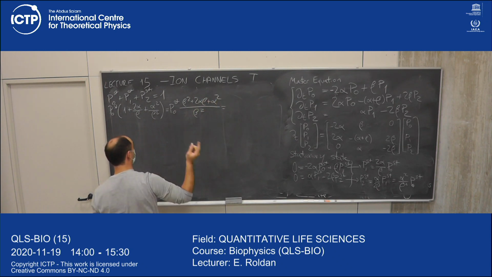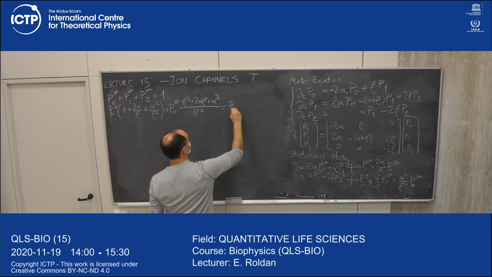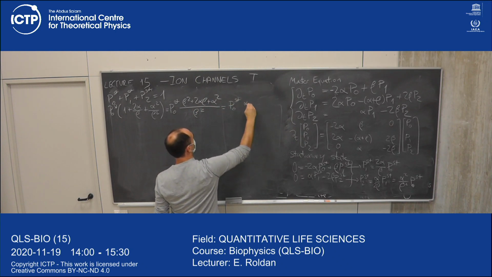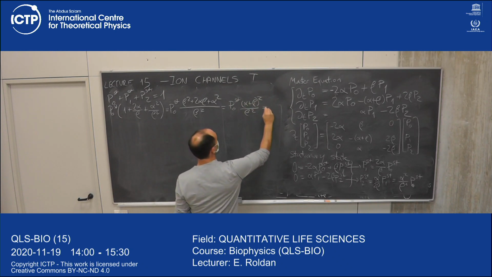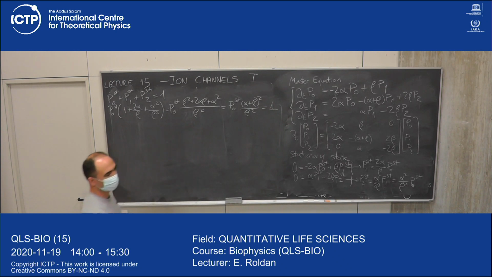This is alpha plus beta squared, square equals to 1. Okay, could you follow? Yes or no? Please say something.